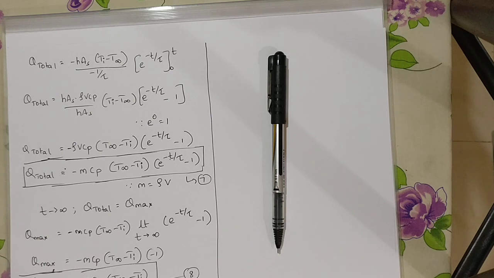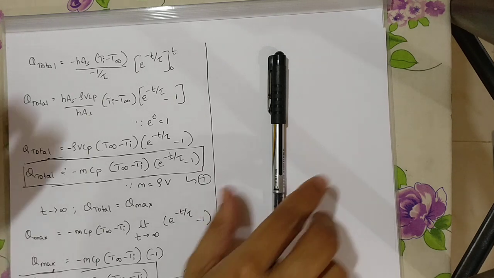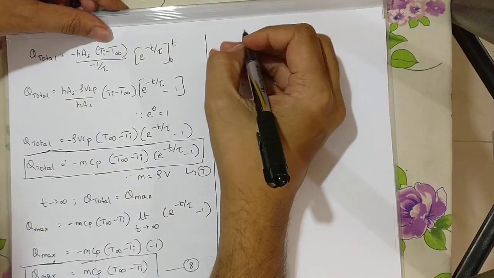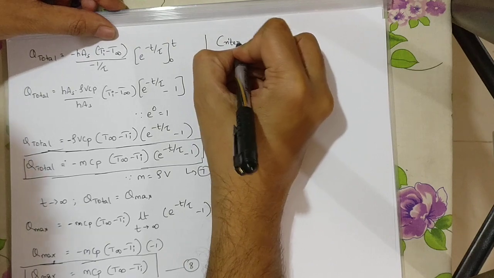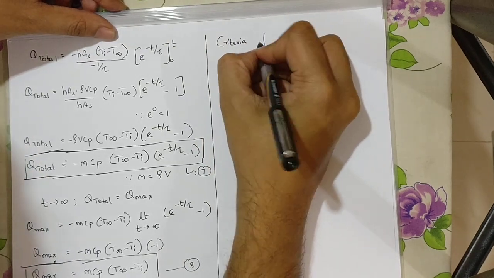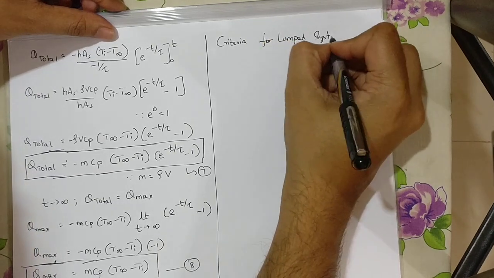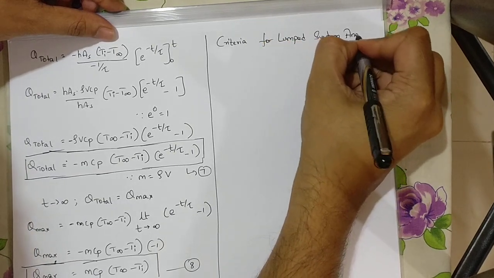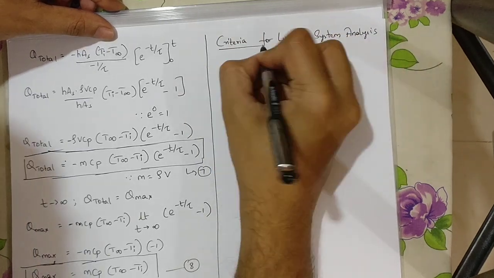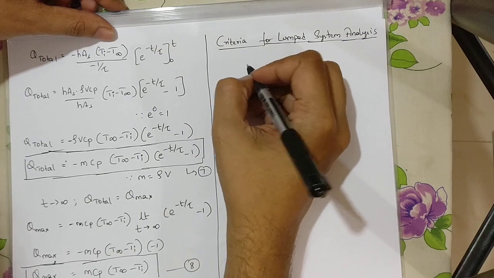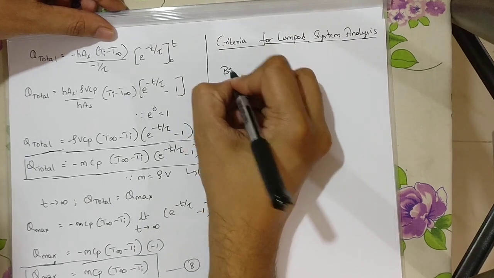The first assumption, we all know, is that temperature across the body remains uniform. And for that, let me write the criteria for lumped system analysis. To understand this criteria, let me define one number, the Biot number.